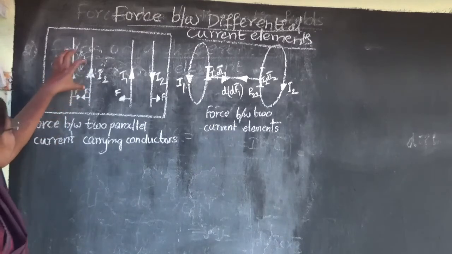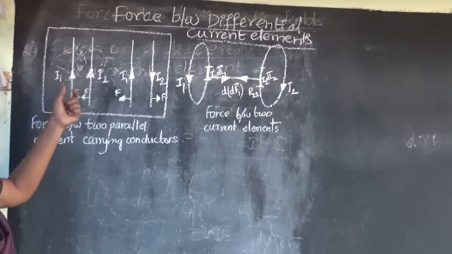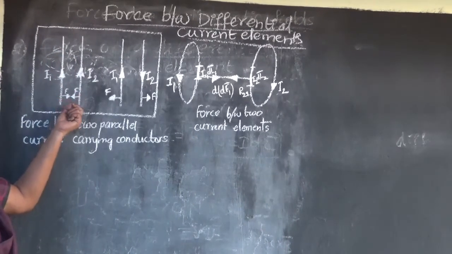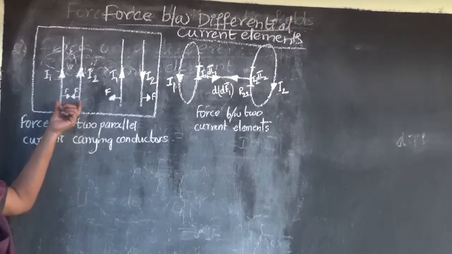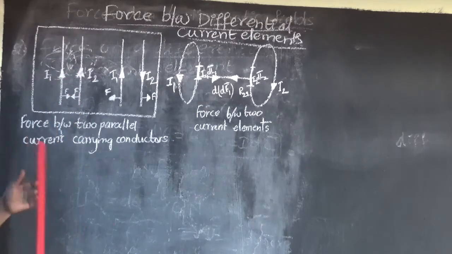Due to this interaction of the fluxes, forces will be produced, and these forces will attract the current carrying conductors.